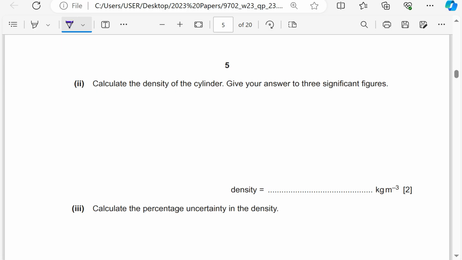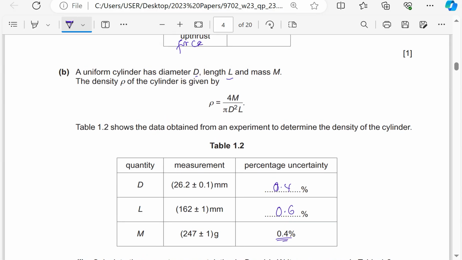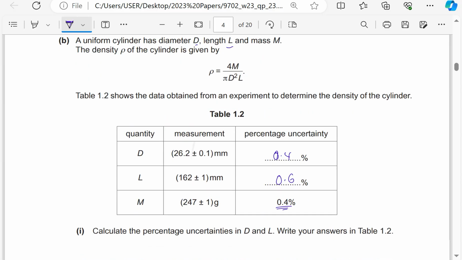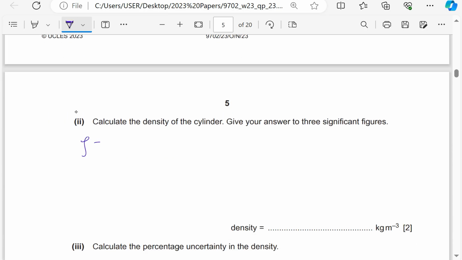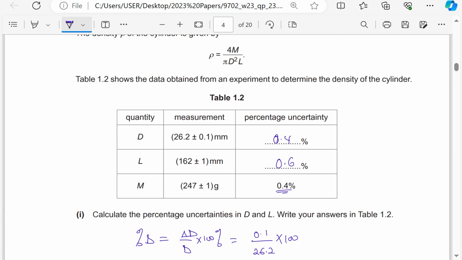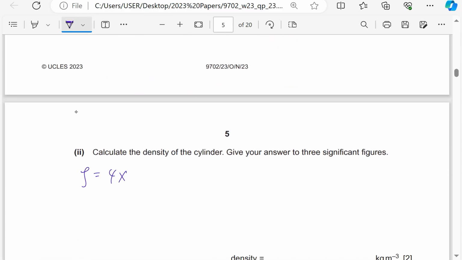Then calculate the density of the cylinder. Of course, they have given us the formula here, 4m over pi d squared times L. So I'll just substitute in. So density is equal to 4 times m. M is 0.247, I divide by 1,000 to change it to kilograms, divide by pi.